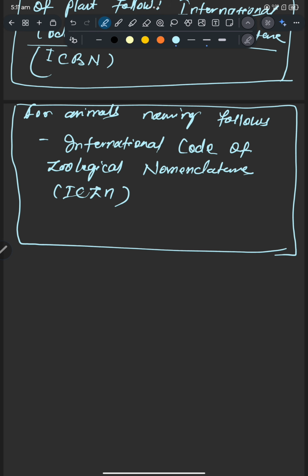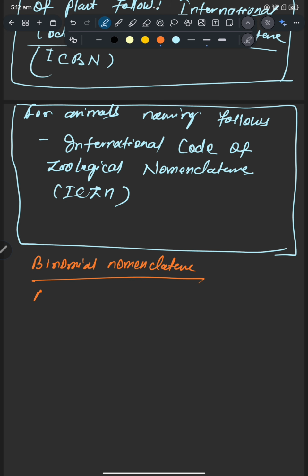Now comes binomial nomenclature. All of you know about this. Bi means two, nomial means name, and nomenclature means naming. So this is the process of naming in which an organism is given a scientific name which consists of two words.